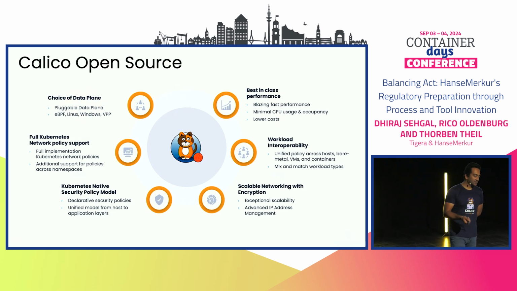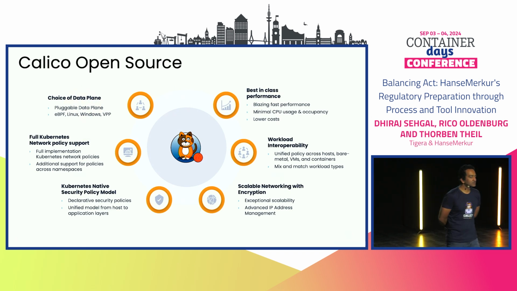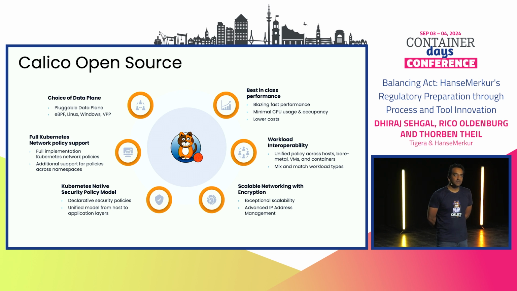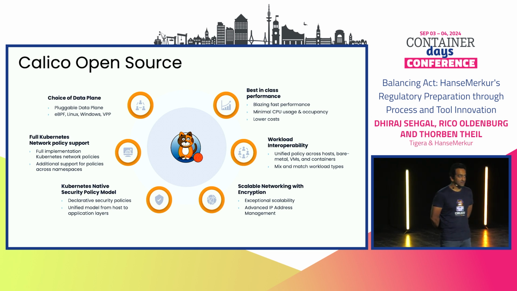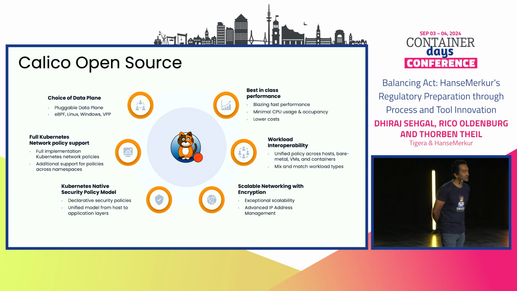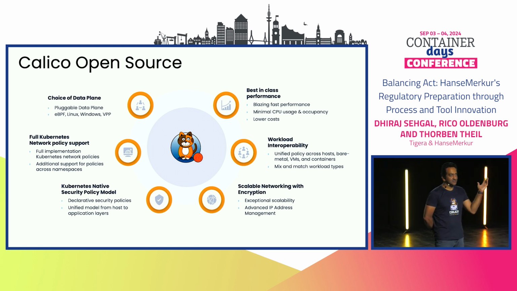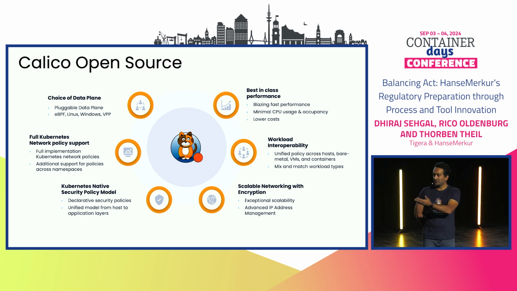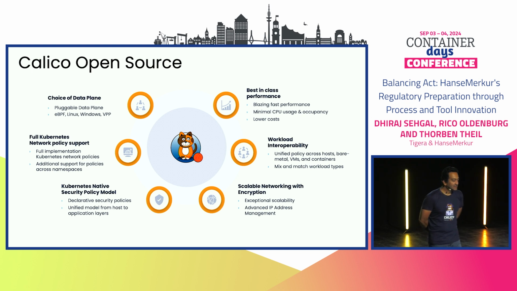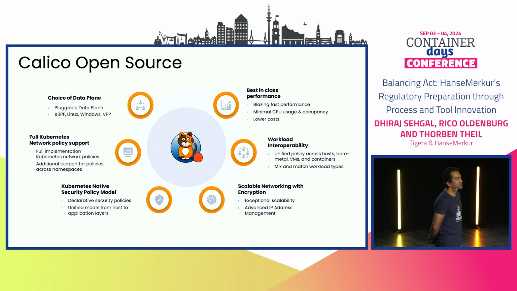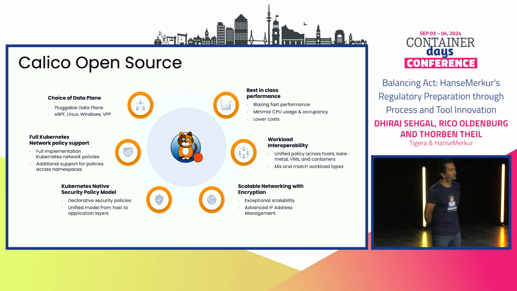One recap I would like to do on Calico open source. It's one of those projects which has always been there with Kubernetes since the start of Kubernetes as the container networking and network policy solution. It has helped many of you and many of our customers with respect to the data plane choice. If you are running the eBPF data plane or standard Linux or Windows, it works with all the data planes.